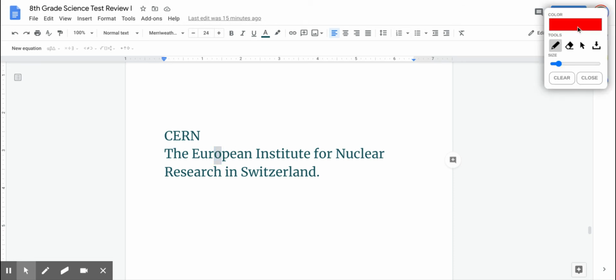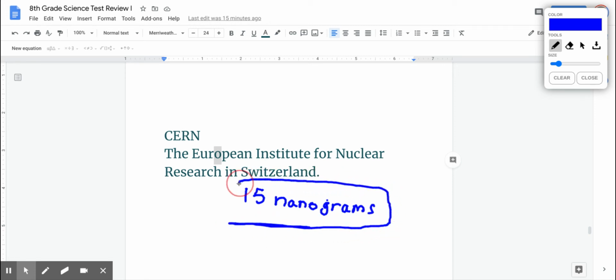Bring the page up. There we go. Let's use blue. Why not? So they have created about 15 nanograms of this stuff, and they use penning traps. Remember, that's how they trap it, because if antimatter and matter got together, there would be an explosion. 15 nanograms is really not much. It can't even heat up tea, like I said.